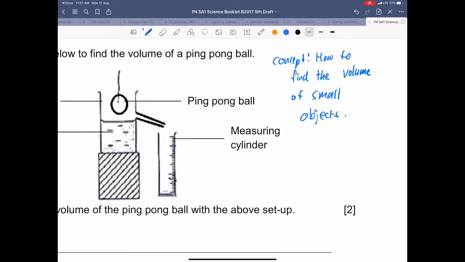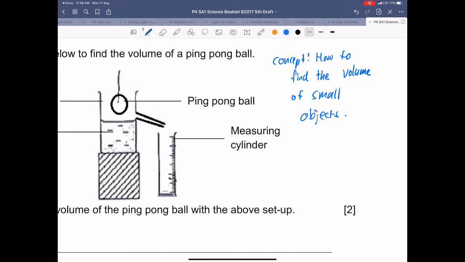In order to use this method, firstly, the item that you want to find must have a definite volume. Number 2, the object you want to find must be heavier than the liquid you want to put it in, so it must submerge.